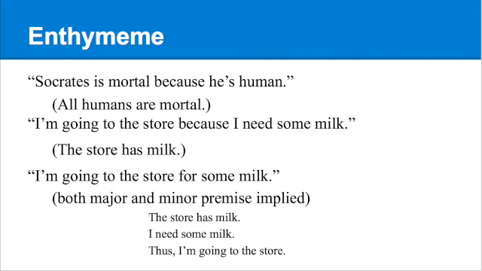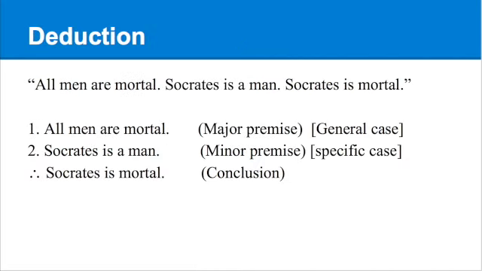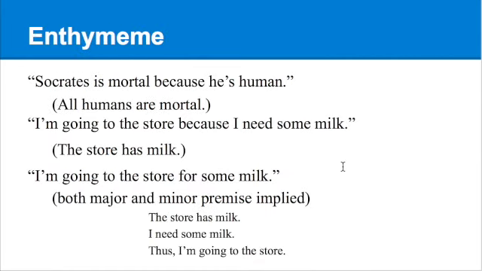So we remember that syllogisms have a major premise, a minor premise, and a conclusion, three parts. Those are deductive syllogisms. Well, in the real world, we use deductive syllogisms all the time, but we don't put them in that formal structure of three parts.